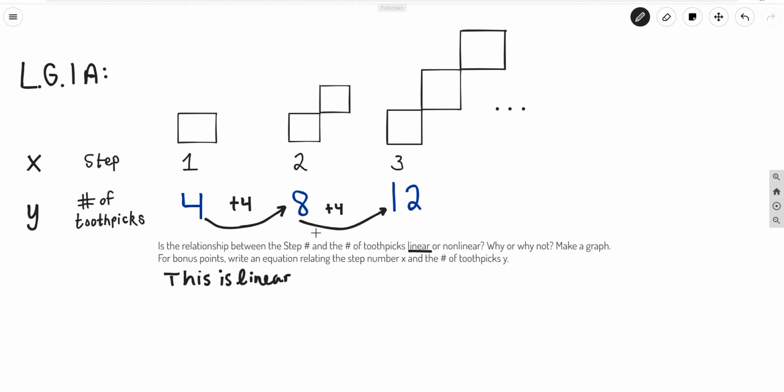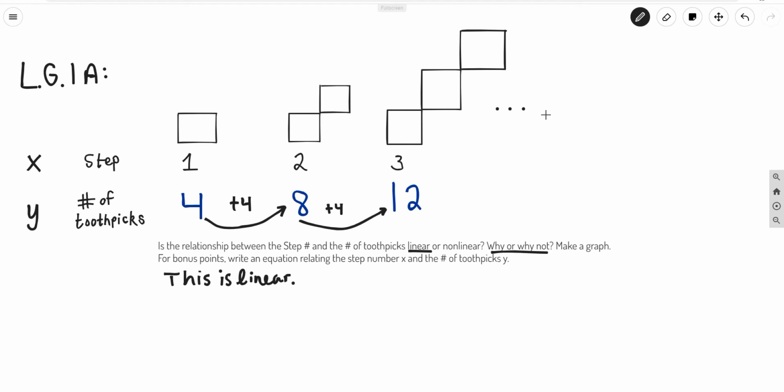And it's for the reasons that I just said earlier, because each time the step number increases by 1, the number of toothpicks always increases by 4. So this is linear. Linear means that it changes at the same rate. Goes up by 4 every time. So yes, linear. So that's my explanation.